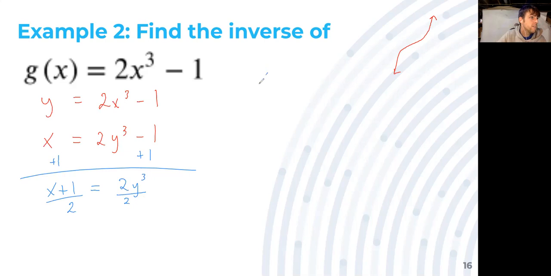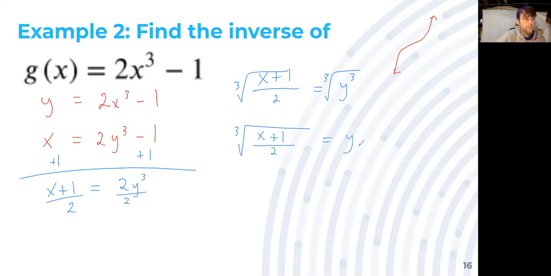And I'm going to move things over here. x plus 1 over 2 equals y cubed. And then last step, to get y all by itself here, I'll have to take the cube root. And I'm going to leave my function just like that. So it's going to be the cube root of x plus 1 over 2 equals y.